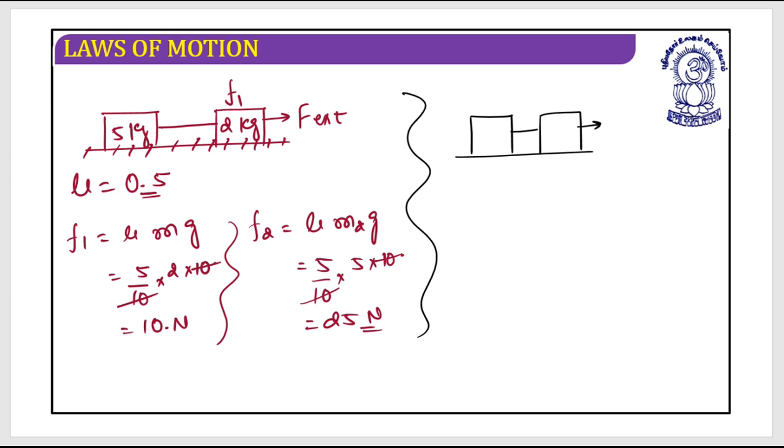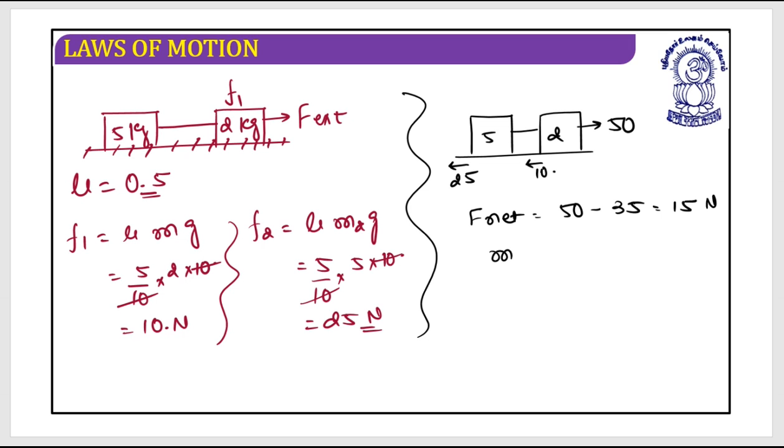This force is of 15 Newton. This friction is of 10. This friction is of 25. Yes. So F net would be equal to, this is of 2 kg, this is of 5 kg. Yes. F net would be equal to 50 minus 25 minus 10. It's 35. That is the 15 Newton. Yes.